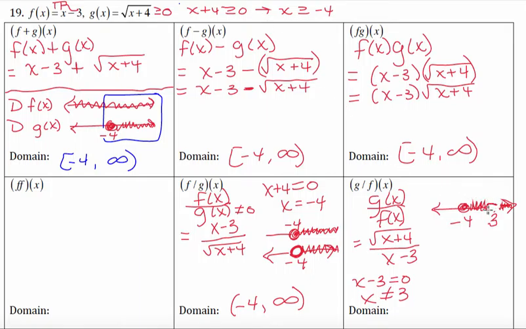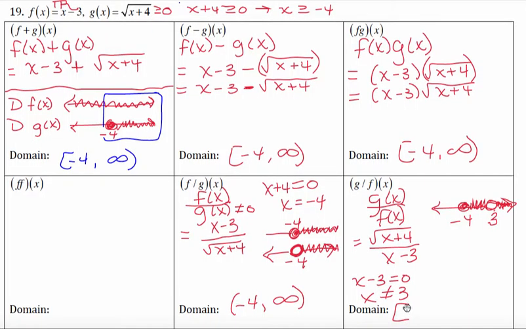And we're going to put a little hole there, a little open circle. So the overlap is from -4 to infinity, excluding what makes x minus 3 equal to 0, which is 3. And our domain is going to be -4, including -4, up to 3, union with 3 to infinity.